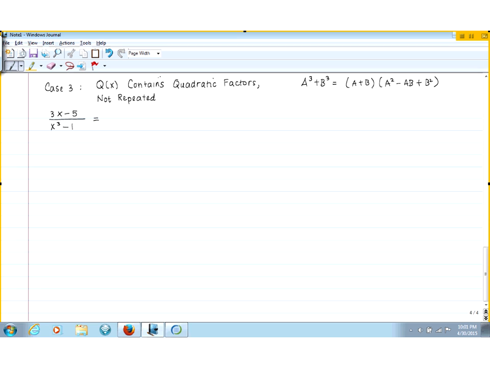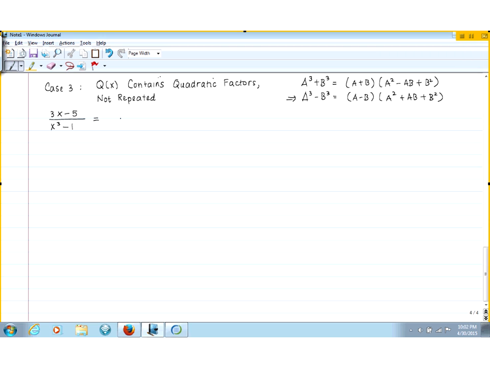So if this is a sum of cubes, you will have a plus b. And if you have a cubed minus b cubed, the difference of two cubes, then the binomial is a minus b, and the trinomial consists of a squared plus ab plus b squared.